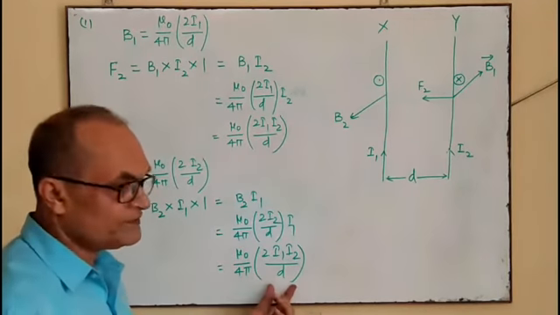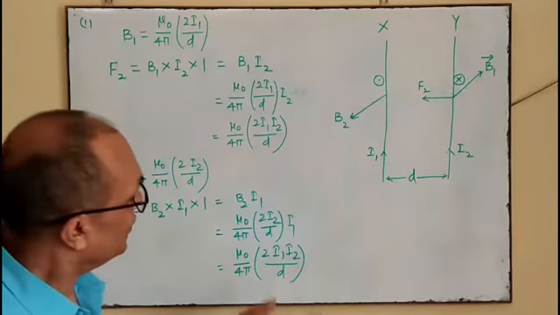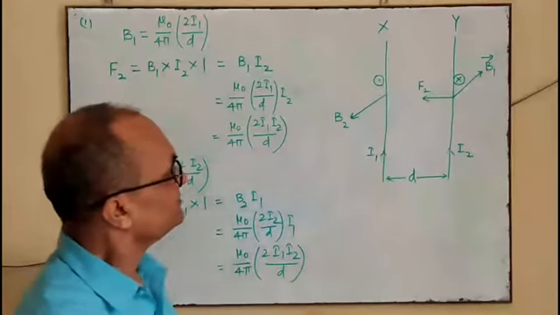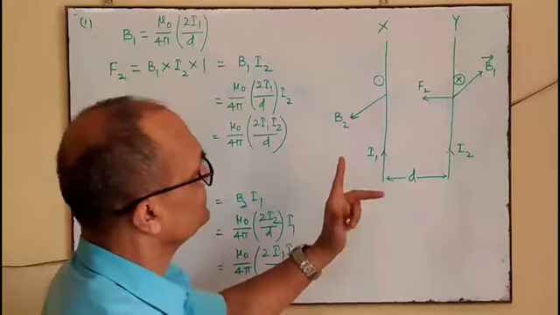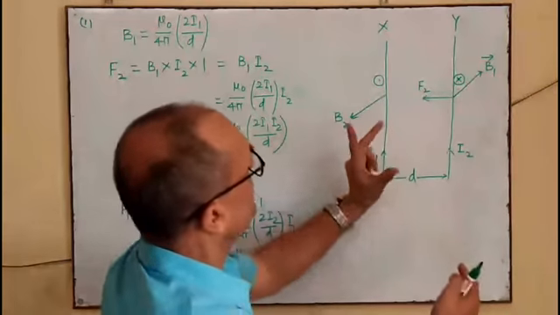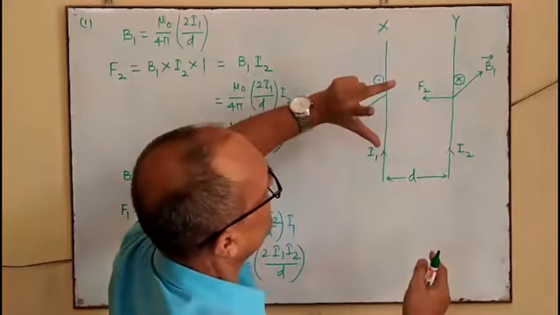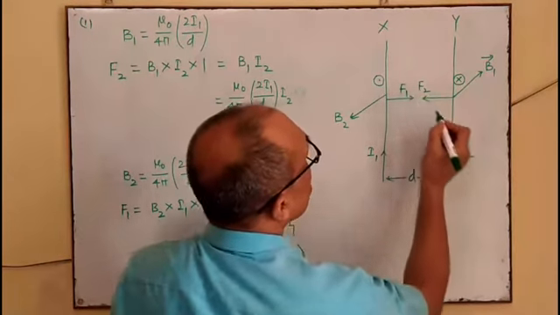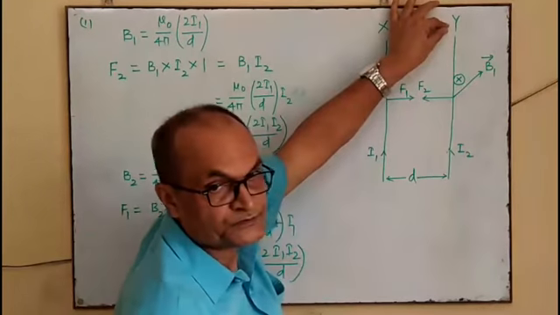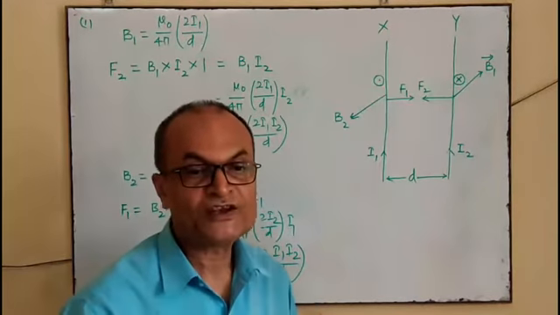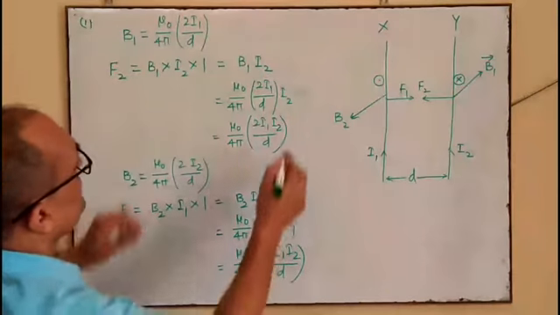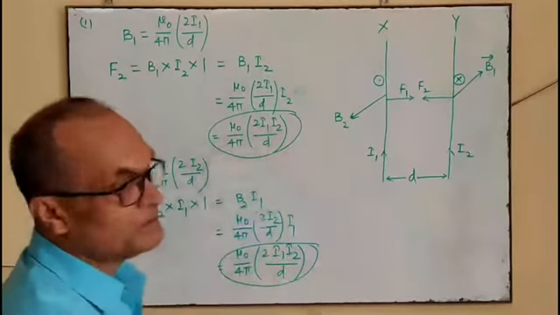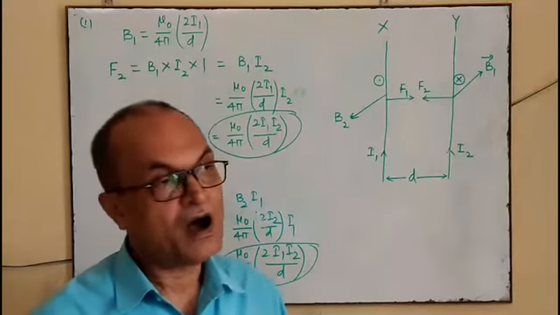So the force on this wire is also known, but we have to know the direction of the force on it. Think over this. Current is flowing in this direction and the magnetic field is outward, then the force F1 will be in this direction, towards Y. So we see the magnitudes of the forces F1 and F2 are the same, but their directions are opposite.